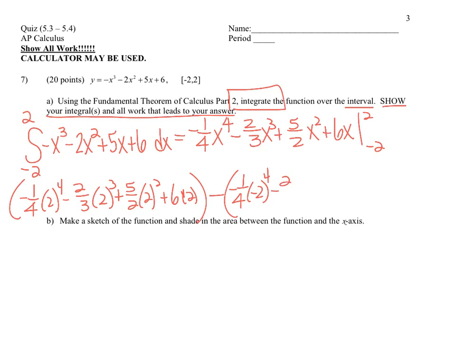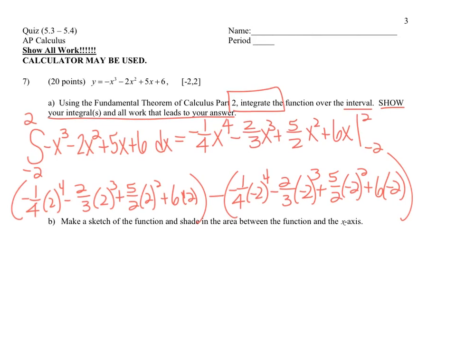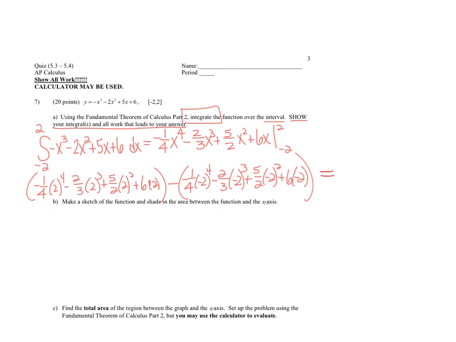If I were doing this test and I was told to show all the work, I would show this work. But I had the calculator, right? I let you have the calculator. So I wouldn't do any more work than that. You showed me your integral. You showed me your antiderivative. You showed me that you knew to do top minus bottom. So then you give me your answer straight from the calculator, which I believe is 40/3.